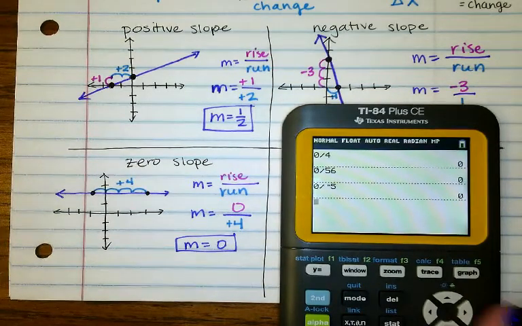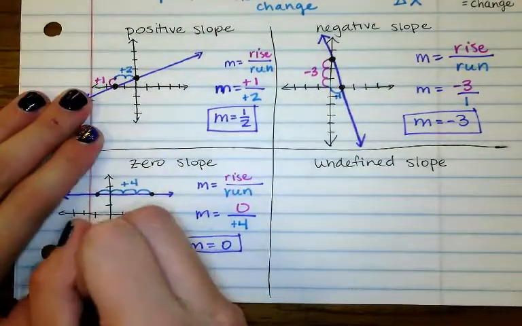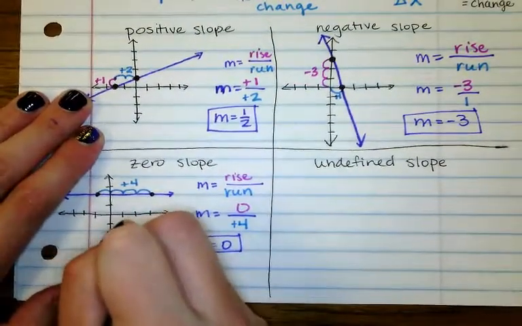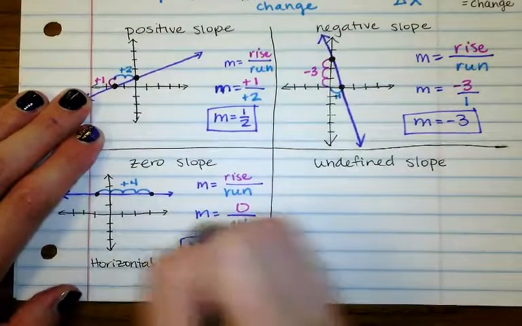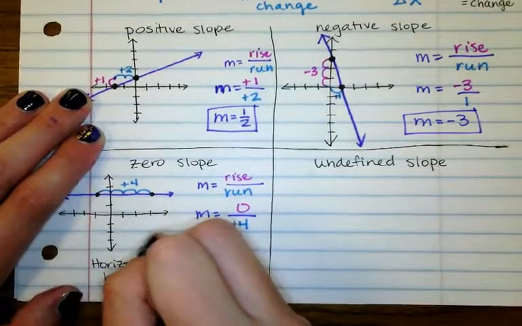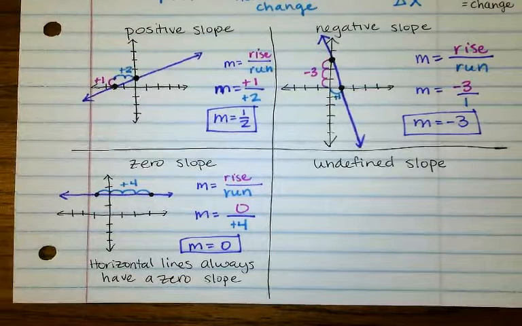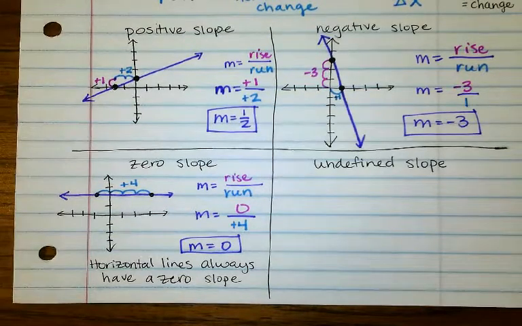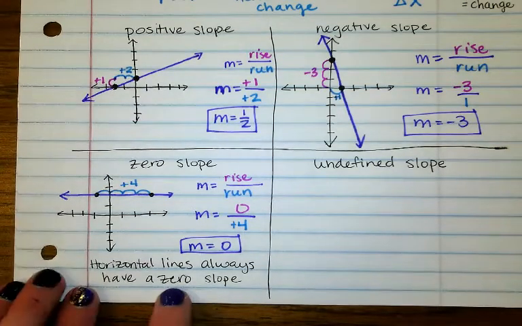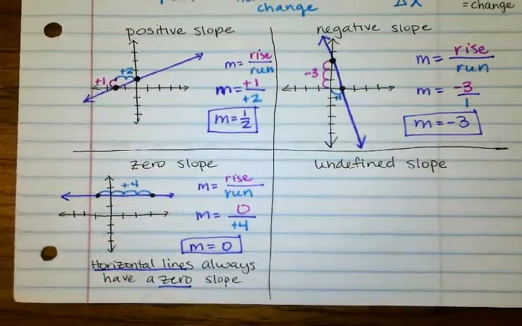So what this means is that horizontal lines always have a 0 slope. Always, always, always. Okay? An undefined slope is going to look a little bit different.